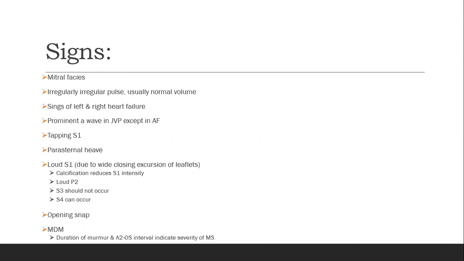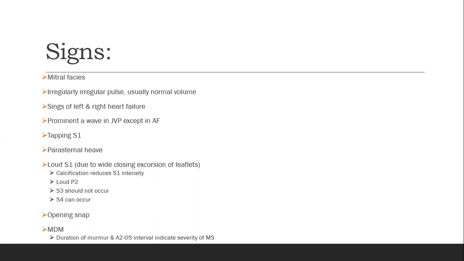But here, because of stenosis, the blood flow is continuous and the valve cannot close properly, so the valve is open for most of the time. Remember this analogy: when you close a fully open door, it will produce a loud sound. So in mitral stenosis, the mitral valve does not close in diastasis. It remains open, so when the wide open valve closes, it produces a sound.